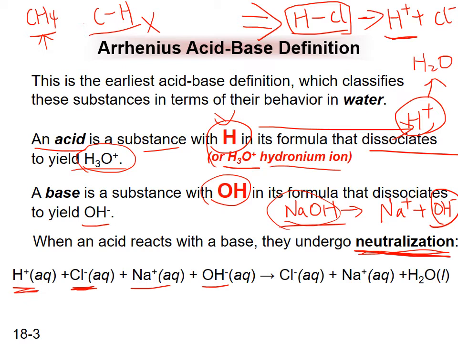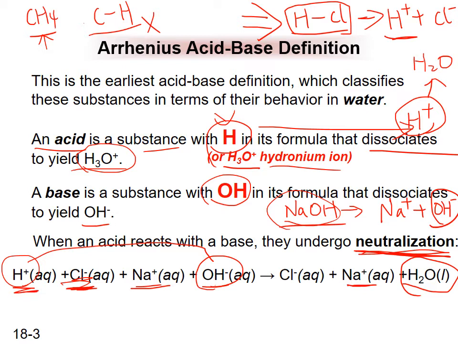In the solution, these ions are floating around, and when hydrogen ion meets hydroxide ion, they combine together to give a water molecule. Chloride ion remains as chloride ion. Sodium ion remains as sodium ion. They do not change, and they are called spectator ions.